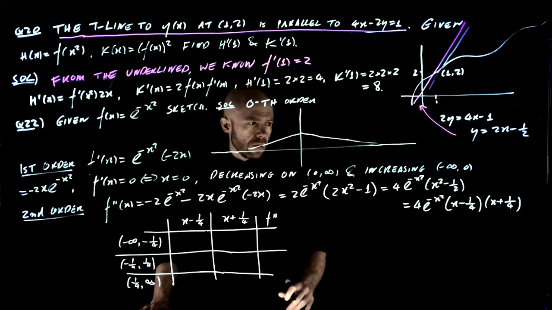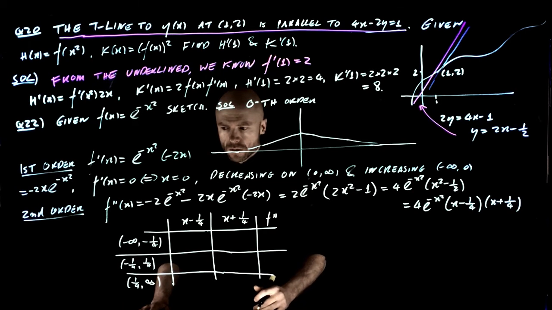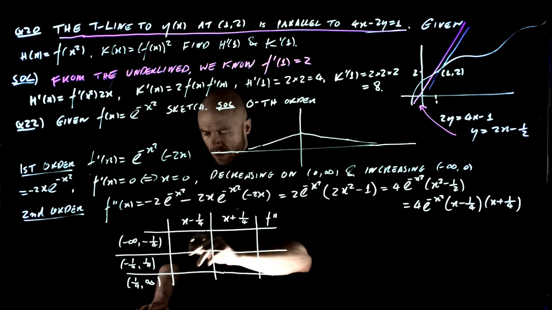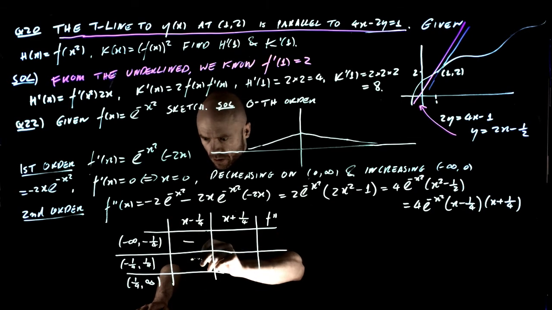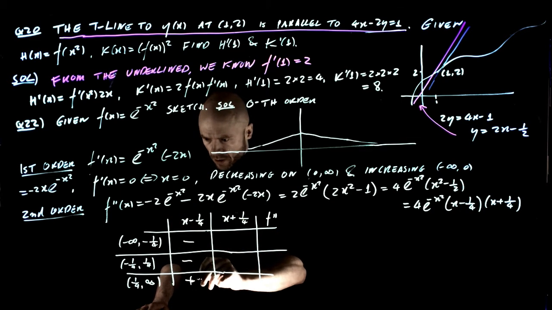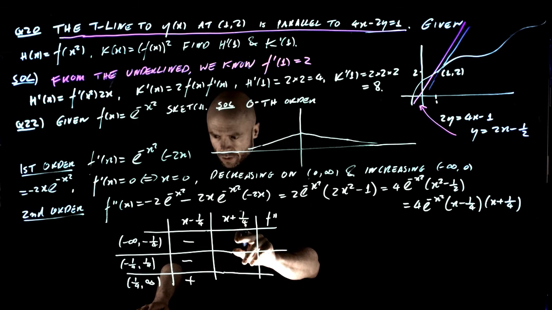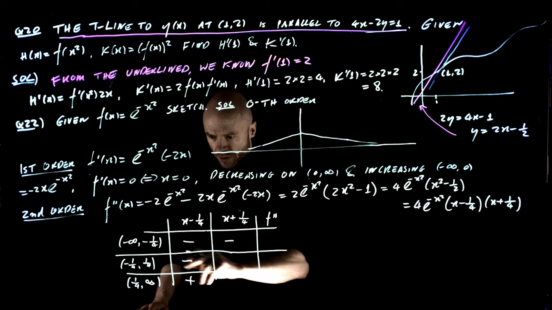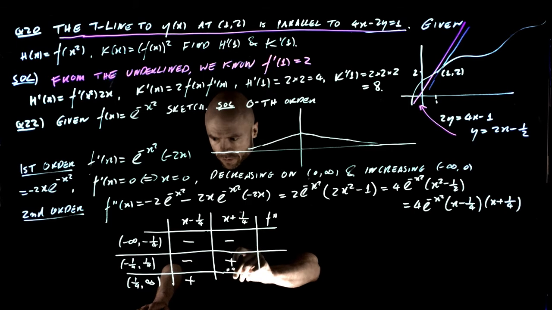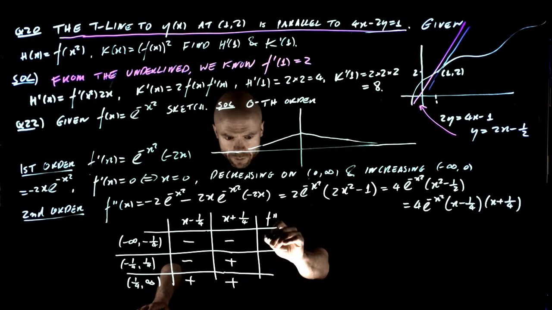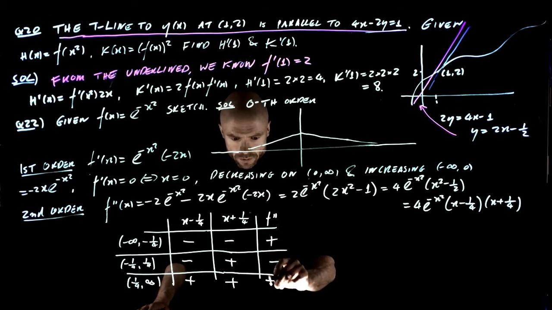And now we can figure this stuff out. So let's fill out the table. So when x is negative, this is for sure negative. We are still negative here, and we're positive here. Now here we are still going to be negative. Here we are now going to be positive, and here we're going to be positive. So we have positive, negative, positive.